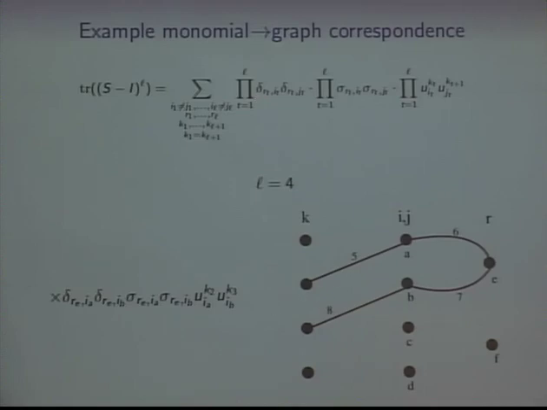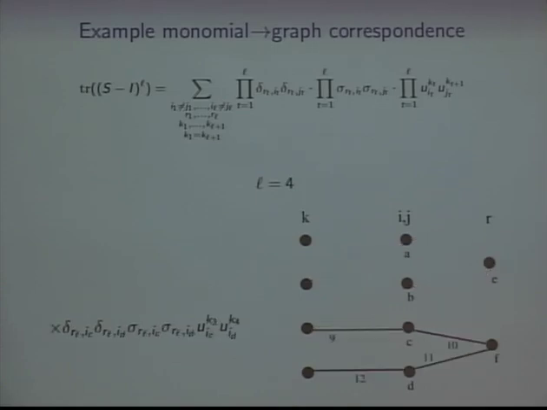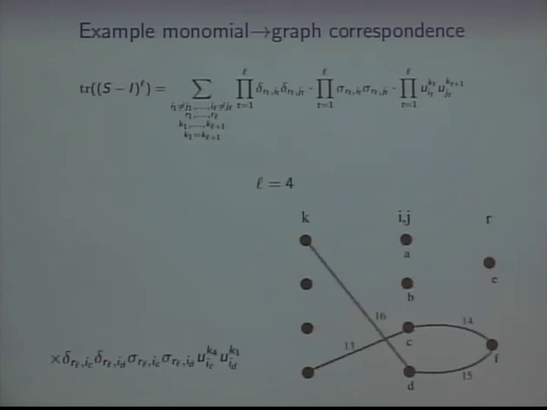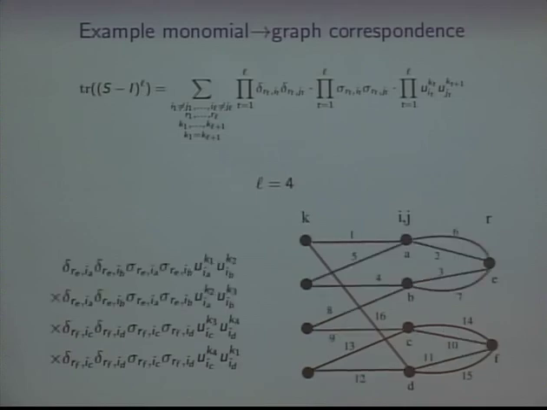We go to I2, R2, J2, K3. And then we just keep doing that. And then we finally go back to K1. And then that's the whole graph. That's how you get a graph out of a monomial. And the edges are labeled in the order that we take them. So this is a cycle of the graph that starts at K1 and ends back at K1.